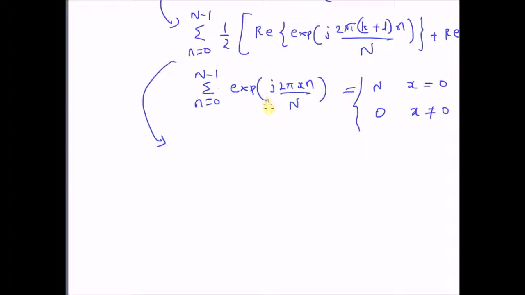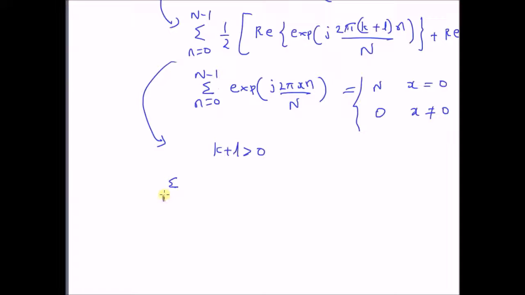So by using this identity we can clearly see that the first sum, that is the summation of the real part of exponential of j times 2 pi (k plus l) multiplied by n, is always going to be 0, since k plus l is always greater than 0. That means it falls in this region. Therefore this sum should always be equal to 0.